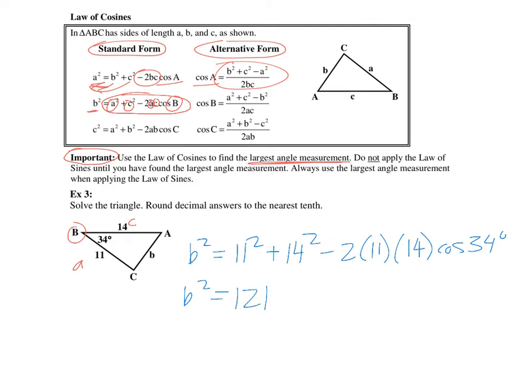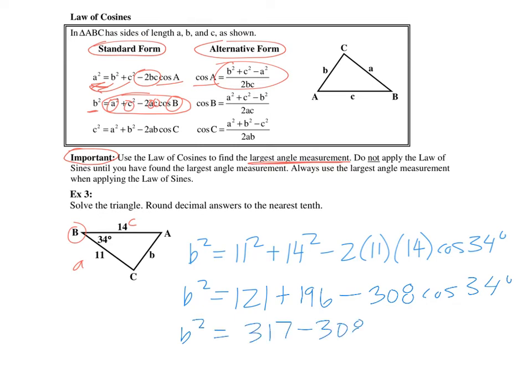So here I have 121 plus 196 minus 308 cosine of 34 degrees. Now I have B squared is equal to 317 minus 308 cosine of 34 degrees.